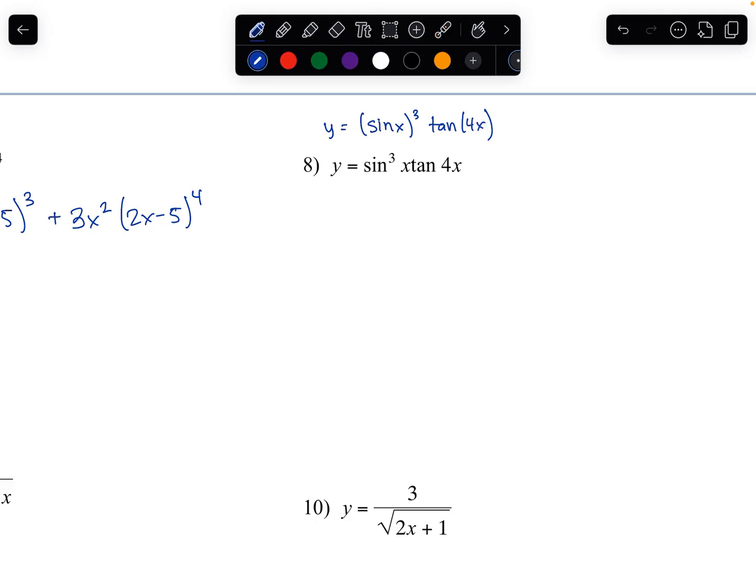So the derivative of y with respect to x is going to be, we'll take the first, so I'll write sine of x to the third times the derivative of tangent of 4x.